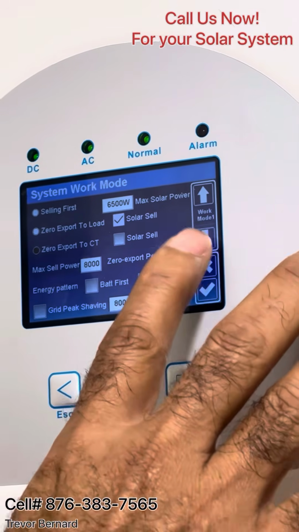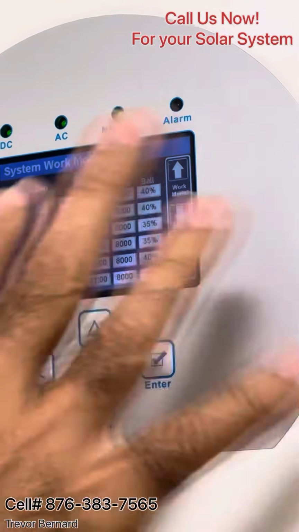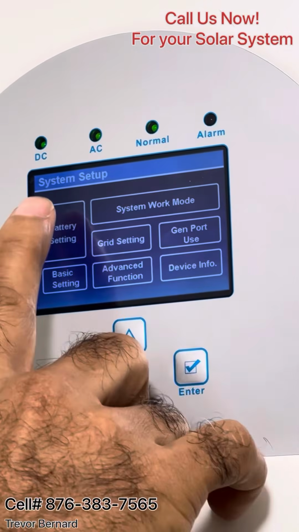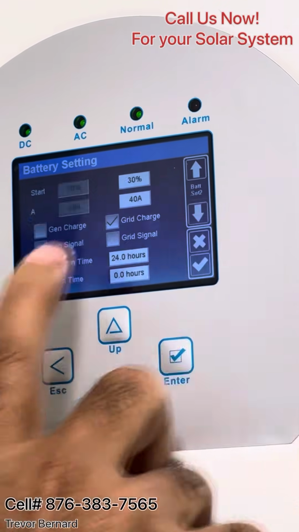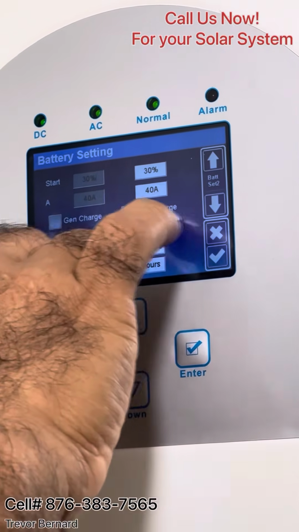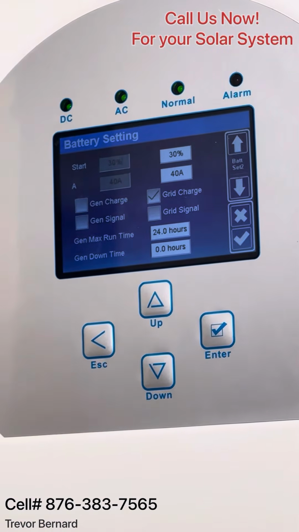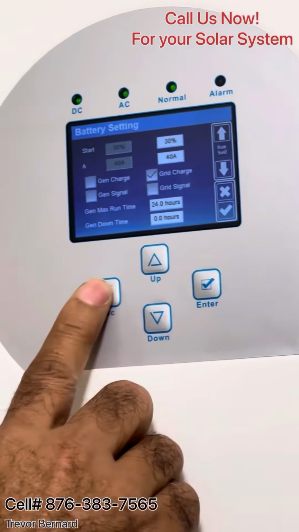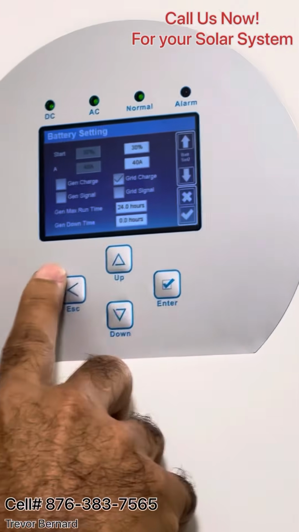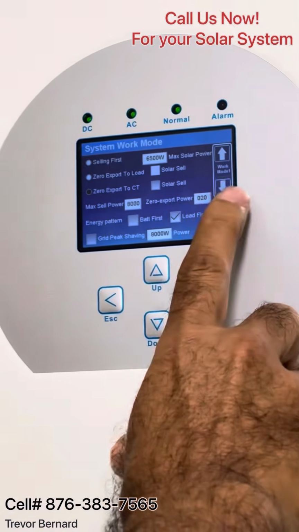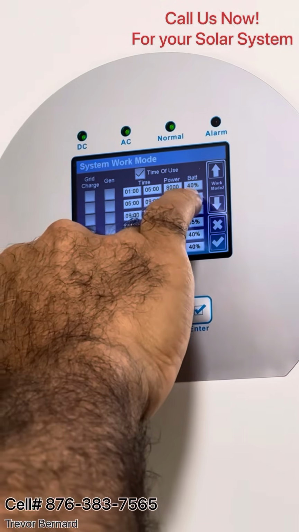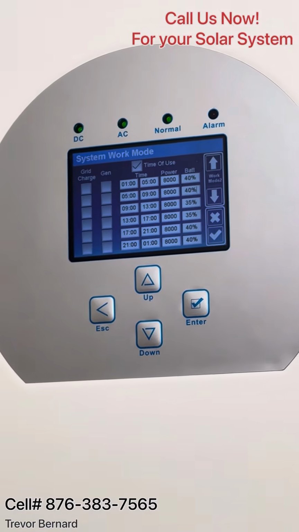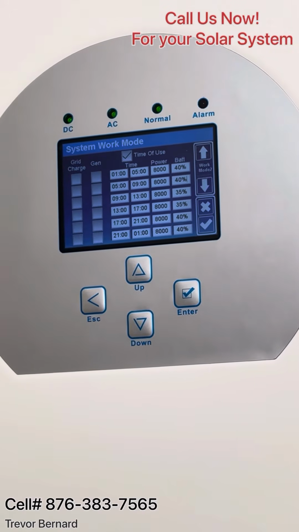And you understand this timer use thing here now. Another thing too is I saw something right here. So I did tick off this grid charge. It's going to charge at 40 amps. What it means is that when the battery reaches 40%, it uses the grid to keep it at 40%.